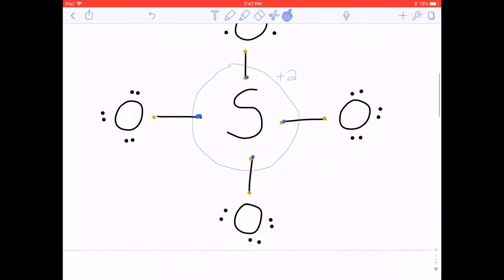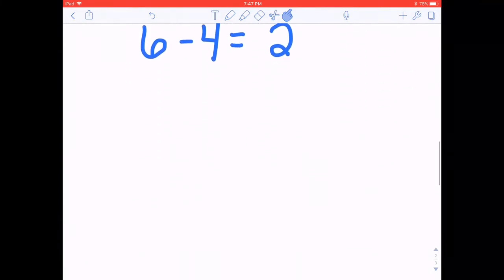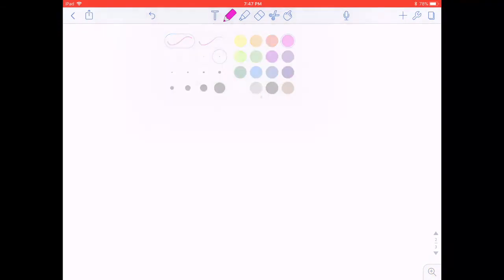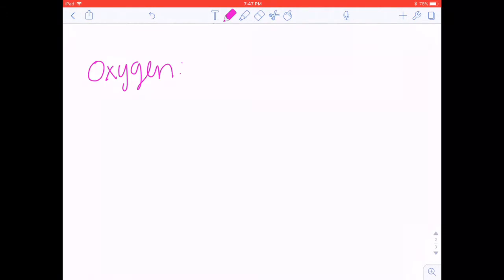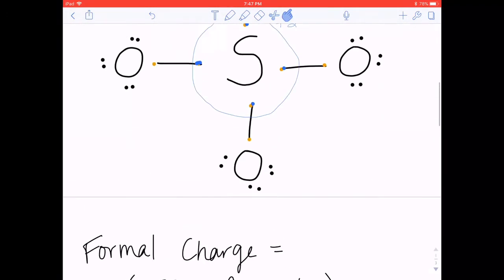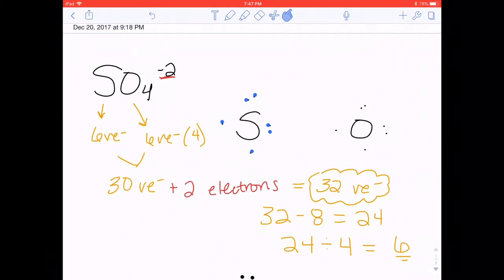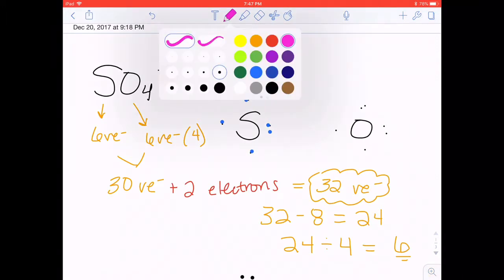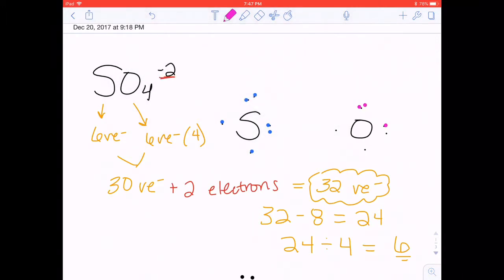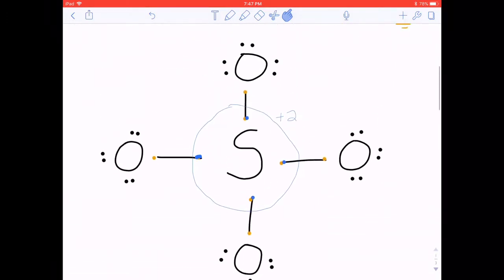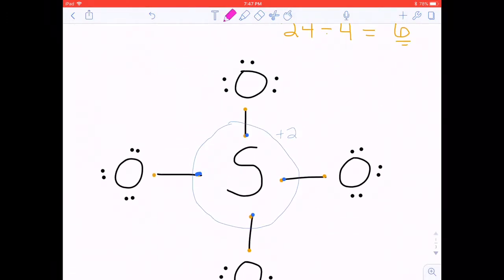Now let's try for oxygen. So if we go back up to the free atom and you count all the electrons again, you will see that there are 6 valence electrons in the free oxygen atom.